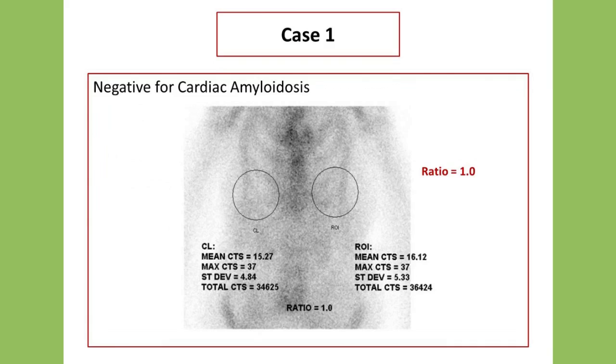In looking at her images, she ended up being negative. As we can see, this patient was scanned at an hour. There's nothing on the planar images that looks like blood pooling or myocardial activity, and our region of interest was 1.0.